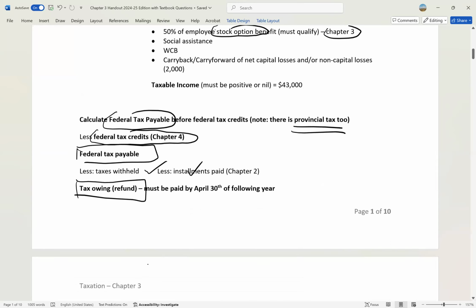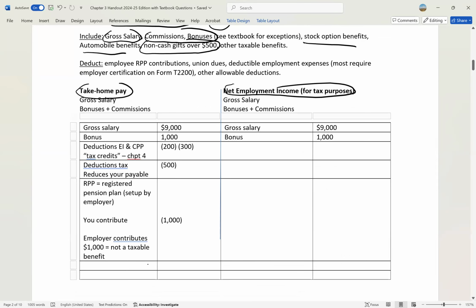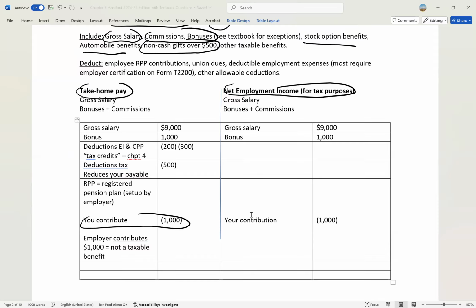If you contribute money to a company pension plan, this $1,000 here that you contribute, you also get to deduct that from your net employment income. So it encourages you to put money into the company pension plan, because if you do, the amount that's taken off your paycheck gets deducted when you calculate net employment income.